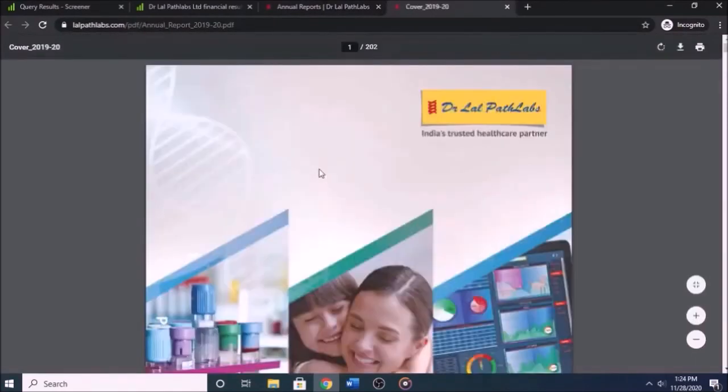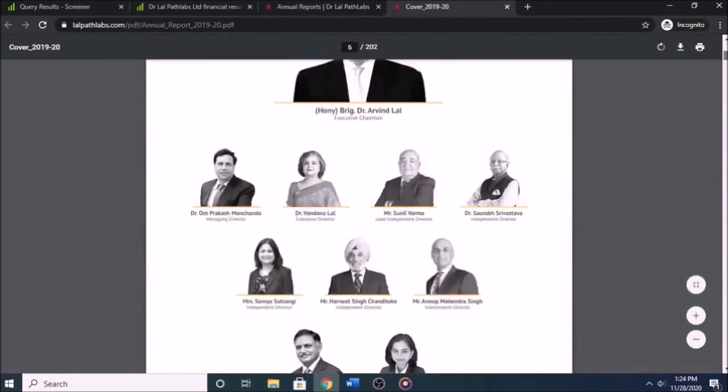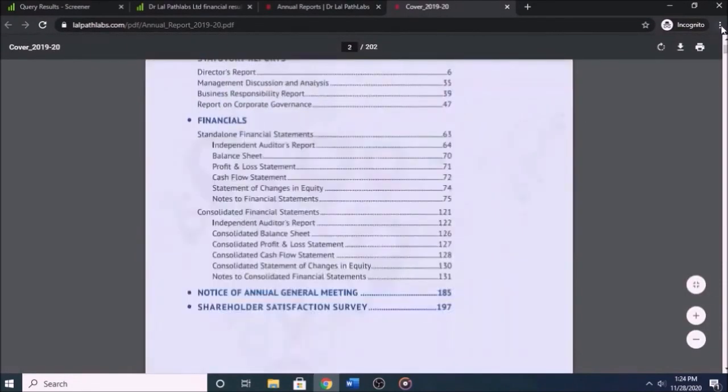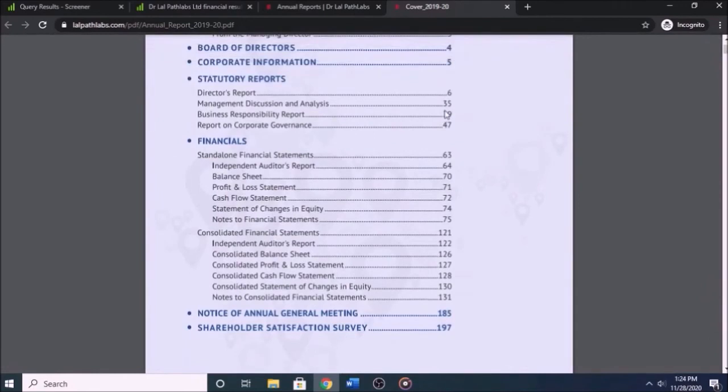And if you're the kind of person who doesn't want to read the complete report, at least read the management discussion and analysis. So if you see here, it'll be like 4 or 5 pages. That'll tell you how the industry is doing, how the company is doing, what are their plans, and at least read the last 2 annual reports.